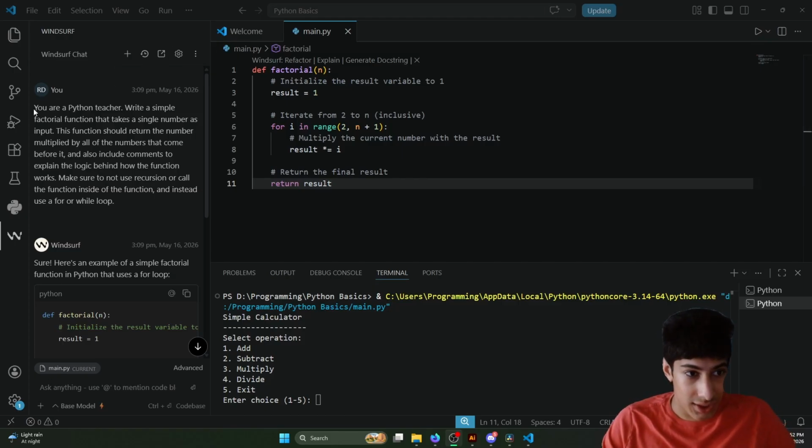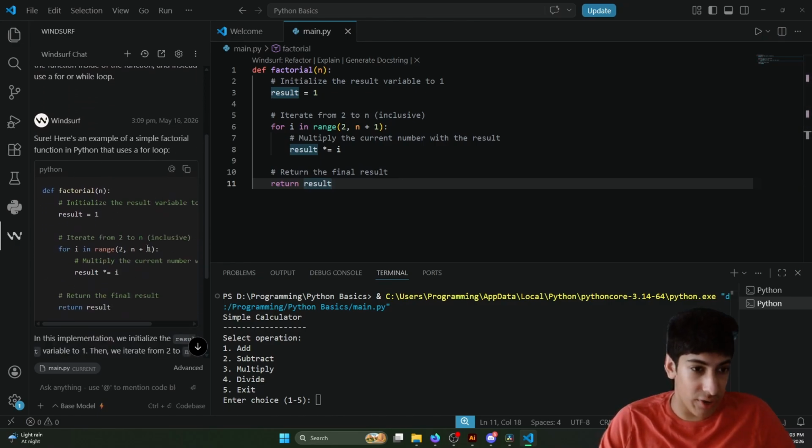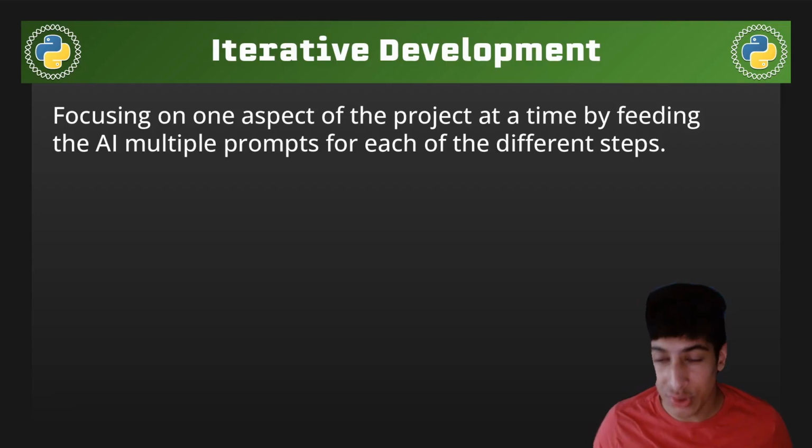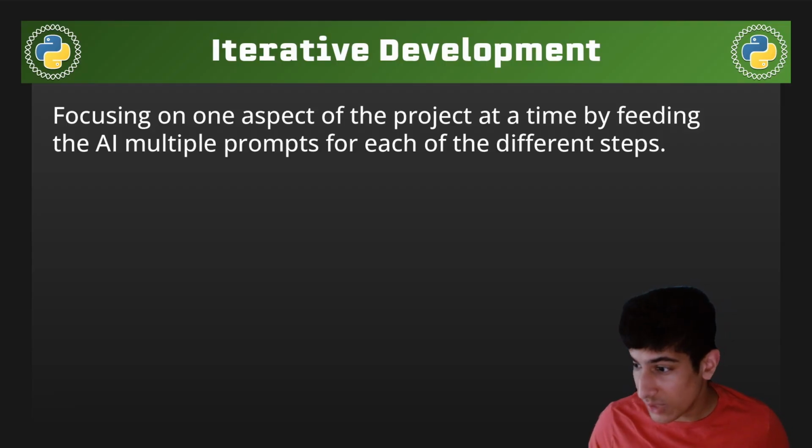Whereas if you give a more specific prompt with those four components we discussed earlier, then you can refine what the AI will generate. In these past few examples, we've generated all of the code at once, which isn't really practical in the real world as we might want to make changes to the code.